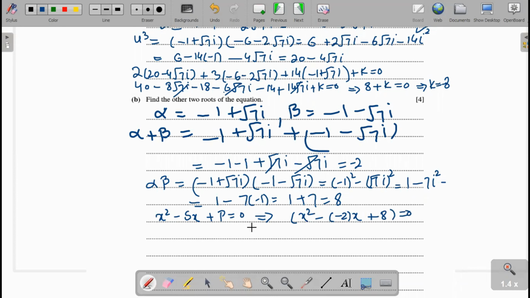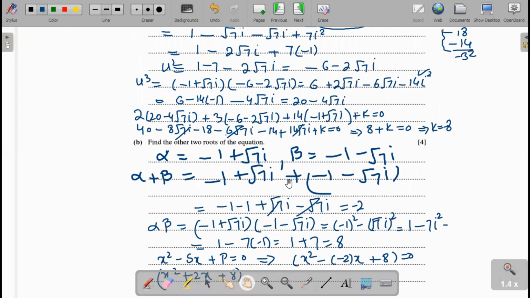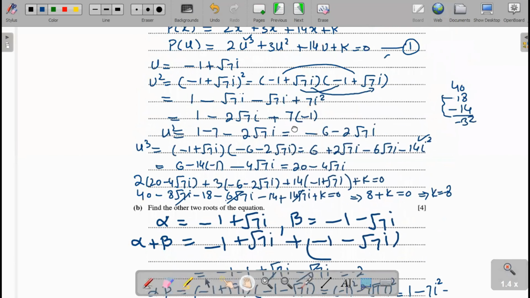And this equation, x square plus 2x plus 8, is one of the factors of this given equation.